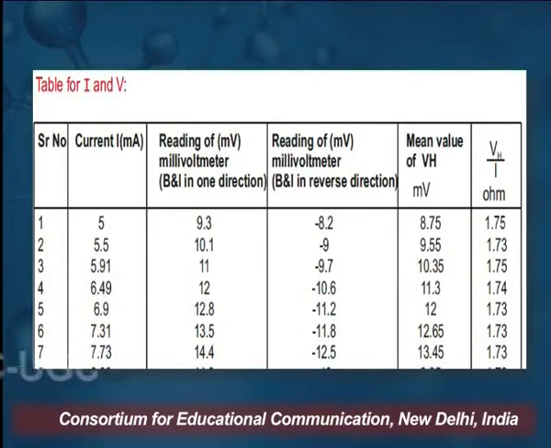After that, the mean value of the Hall voltage VH in millivolt, then we find out VH by I. We divide the Hall voltage by the current supply. So VH by I in ohms, that is R, we can find out. So this is the observation table we require to note down the readings in the experiment.